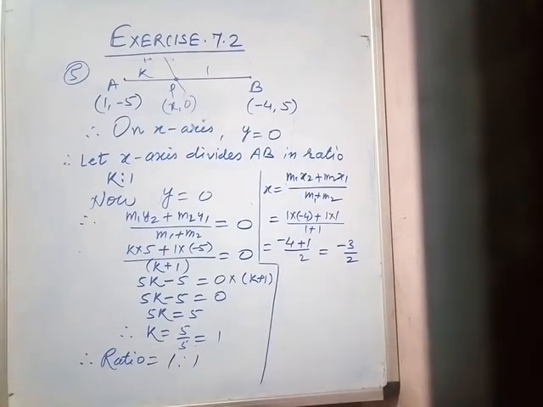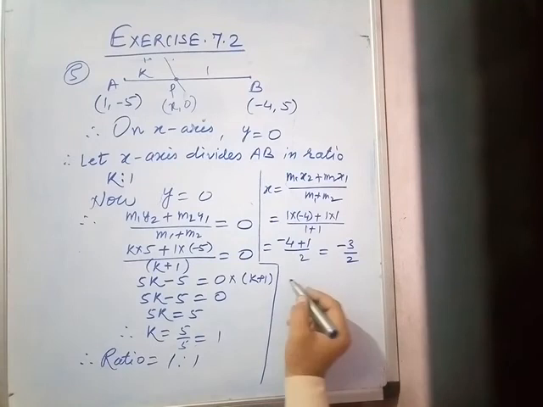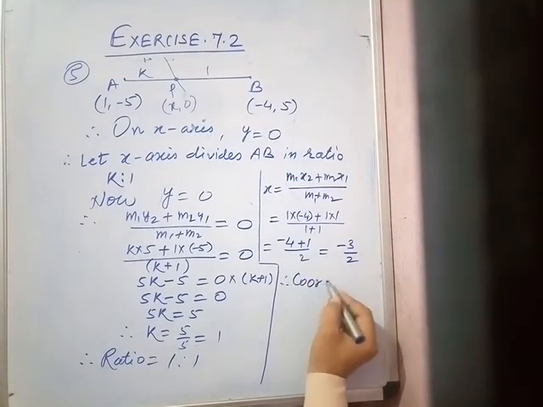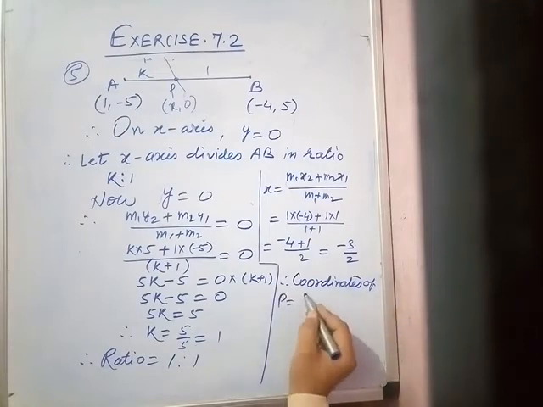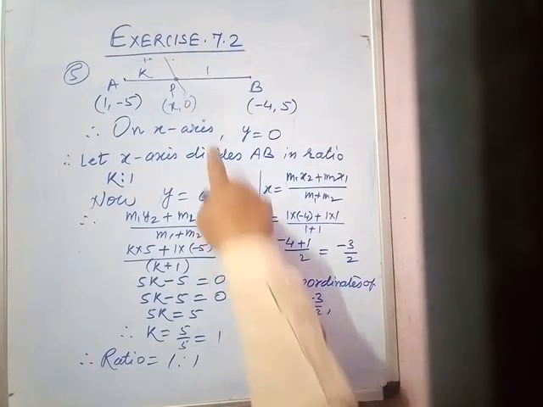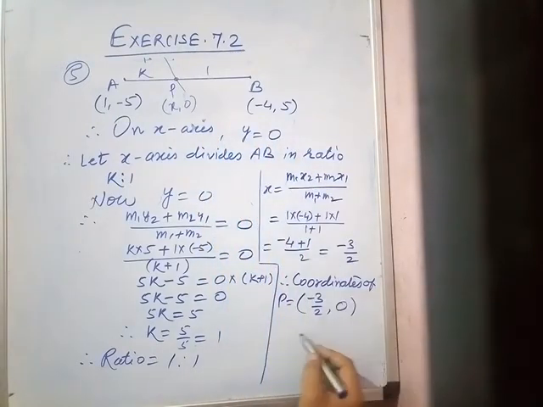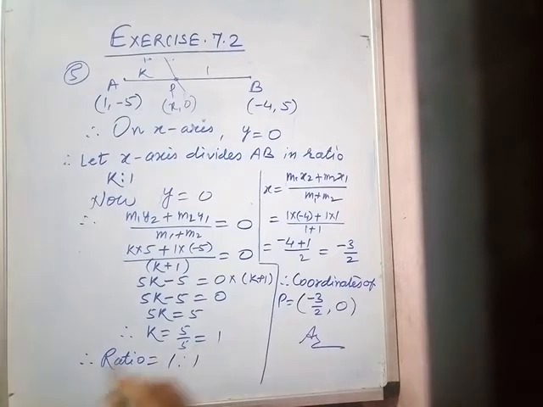So the coordinates of P become x coordinate minus 3/2 and y equal to 0. This is the required answer. Now try questions 6, 7 and 8 at home. Now I will discuss question number 9 of this exercise.